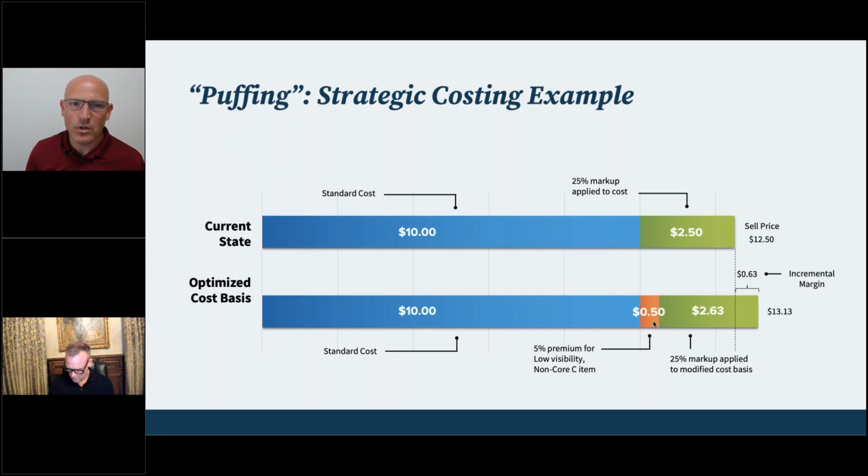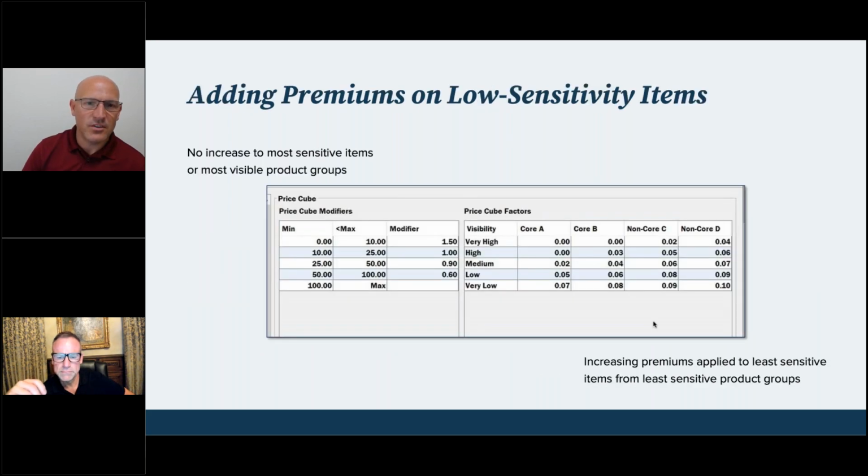Over time, you want to ensure you're setting up that customer specific pricing, given the special pricing on A and B items, but there shouldn't really be any of that on C and D items. But even where you have a plethora of customer specific pricing, you can turn on the puffing functionality and quickly start to pick up some of those premiums on the C and D items as you work through that.